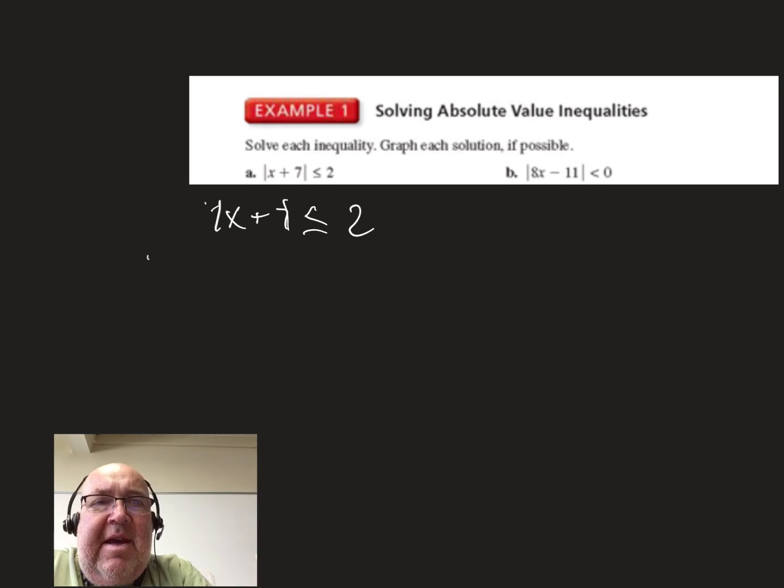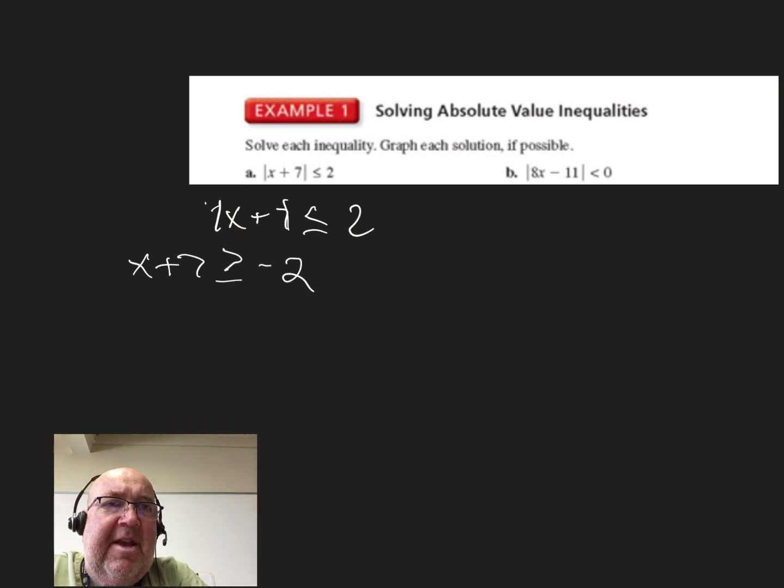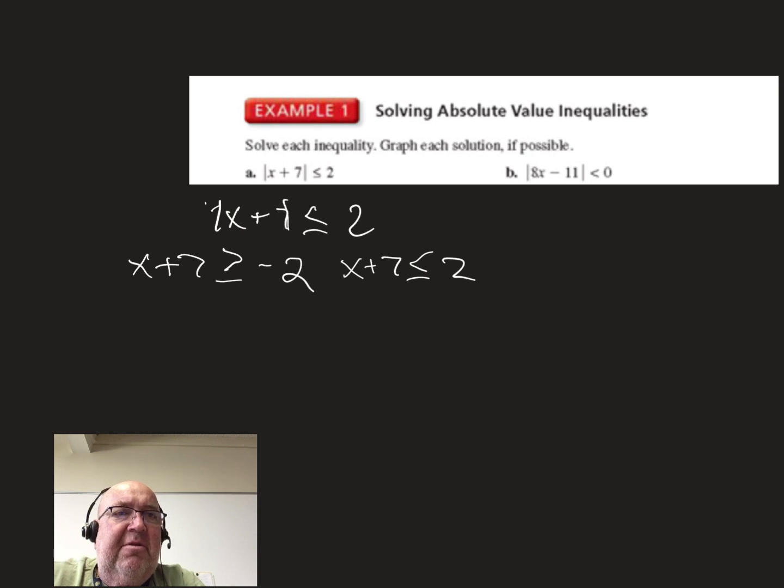We're going to go x plus 7, we're going to change the direction of the inequality, and we're going to make that negative 2. And then we're also going to go x plus 7, and we're going to keep the same direction, 2.